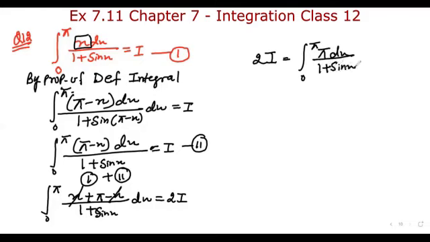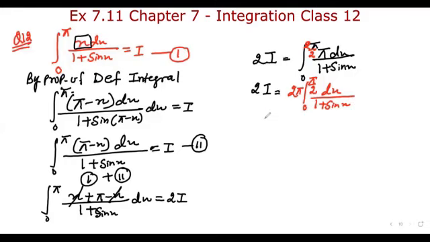When I have the limit 0 to pi and my function is sin x, we can multiply and divide by 2, so this becomes 0 to 2a, and the integral from 0 to 2a becomes 2 into the integral from 0 to a, and pi is constant, I am taking it outside, dx upon 1 plus sin x, like this.